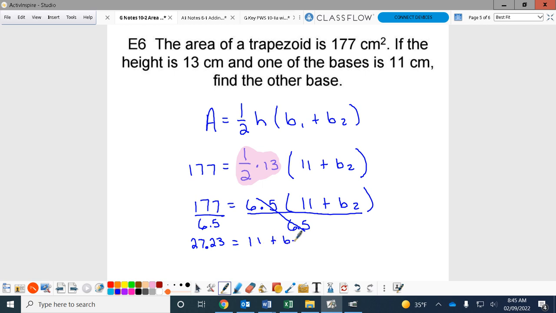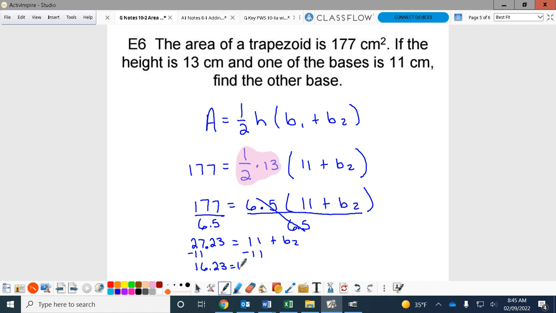Now, how are we going to get rid of that positive 11 from that side? Subtract it, because it's added, so the opposite of that is going to be to subtract it. And when we do 27.23 minus 11, that's going to give us 16.23 equals B2.